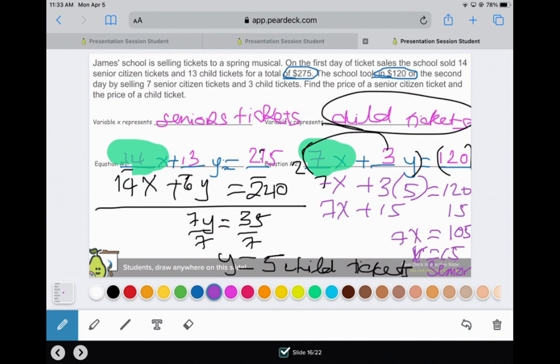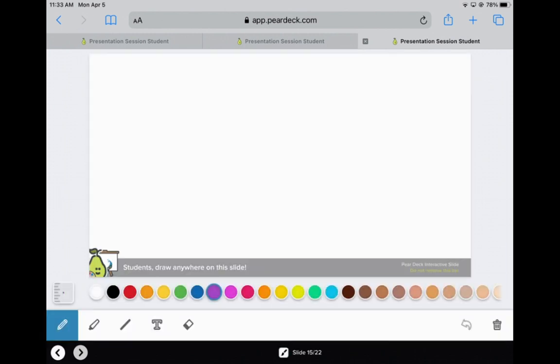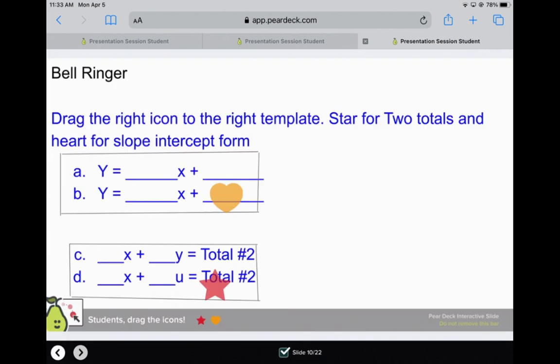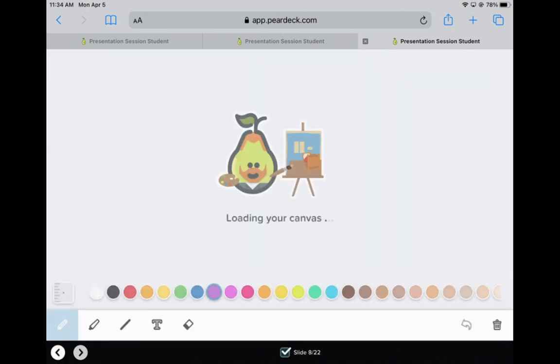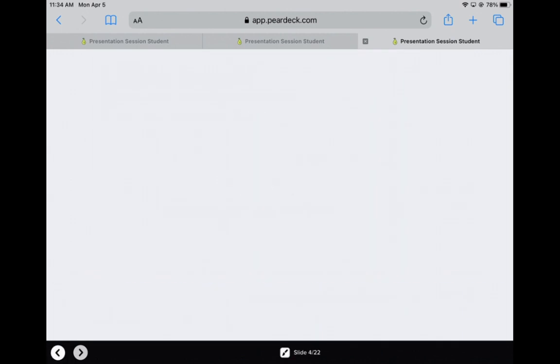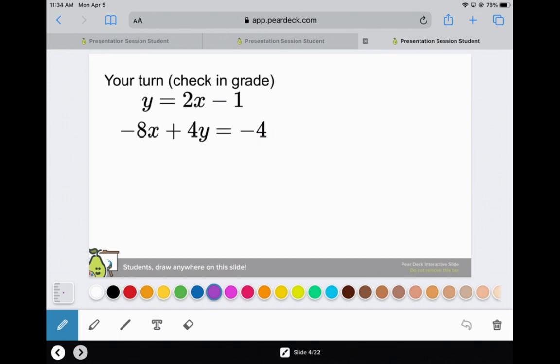Slide 4. Okay, so let me move to slide 4. For slide 4, this looks like it should be the substitution method because I have this one by itself. So I should take that expression and plug it in here into the y.